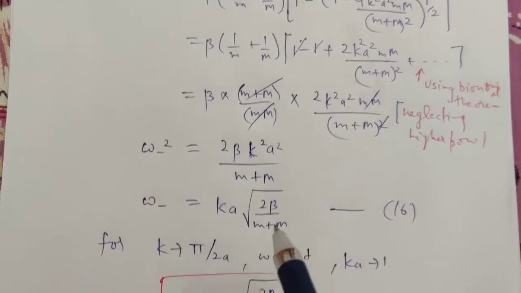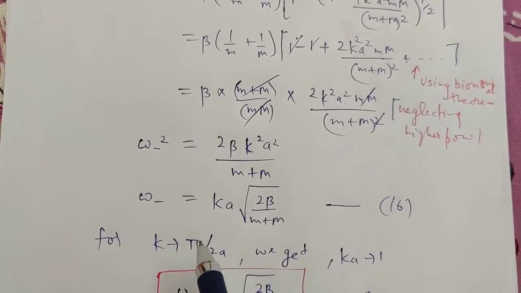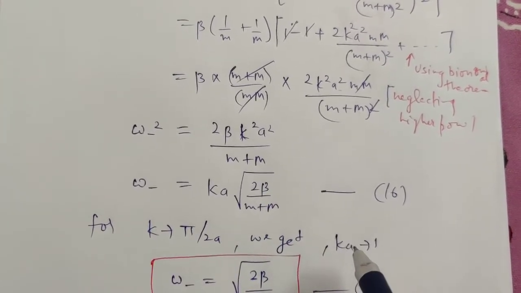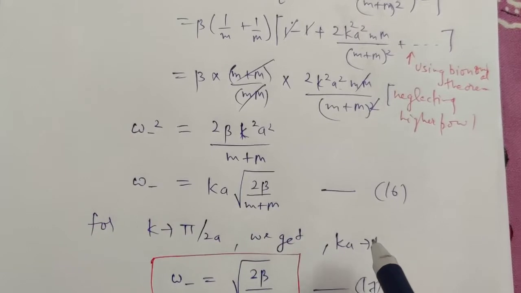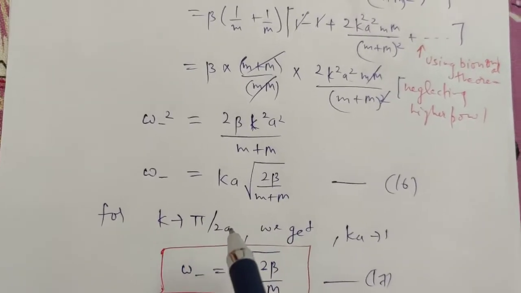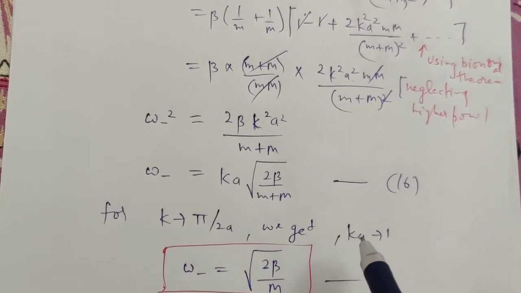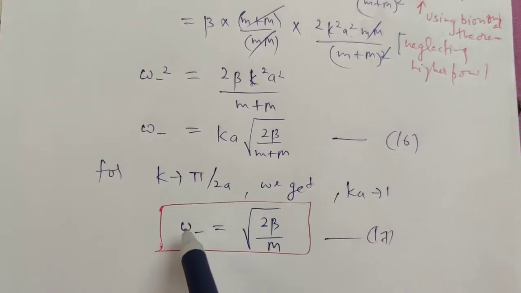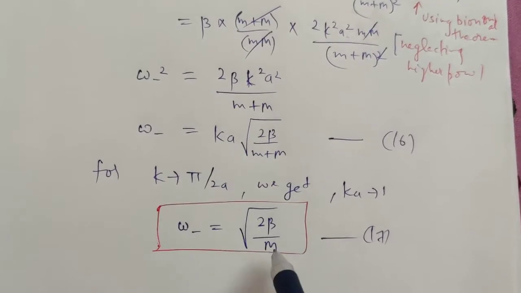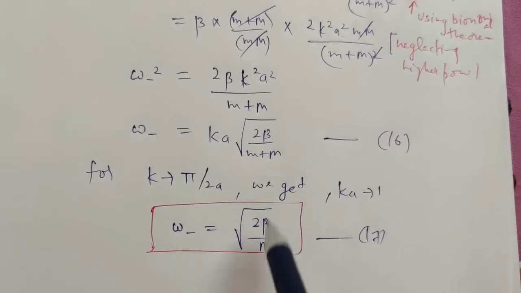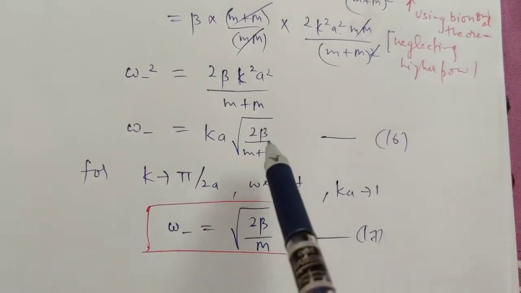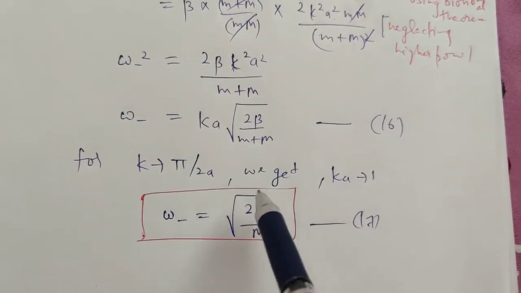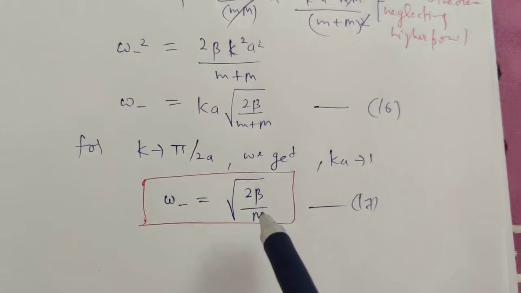So now I will take pi by 2a, that means Ka approaches to 1, because sin Ka will be Ka, and Ka approaches to 1 in this case. So here omega minus will be in terms of root 2 beta upon m. This further equation will be reduced to this. Here M is greater than m, so therefore this equation will be reduced into 2 beta upon M.